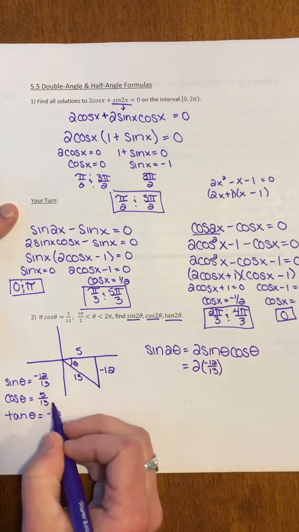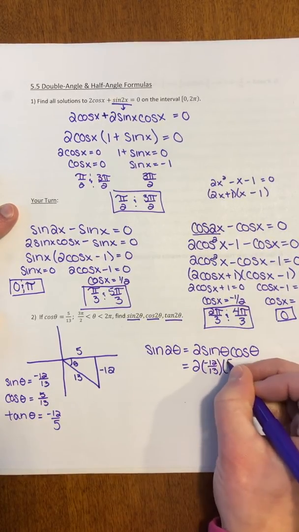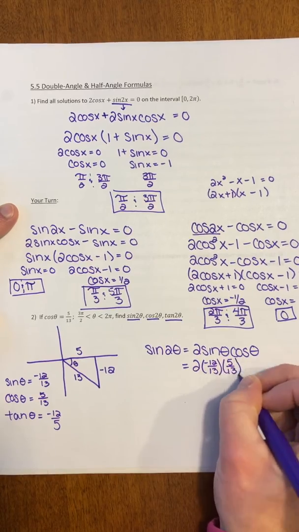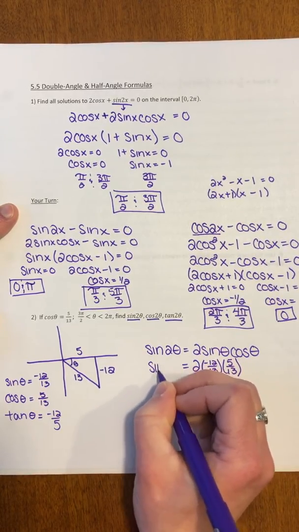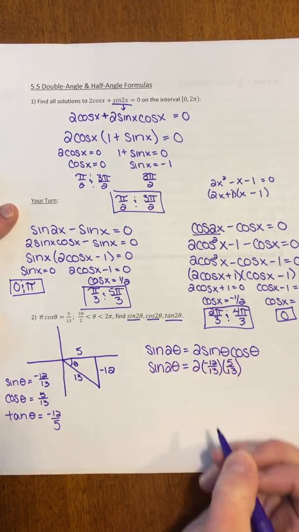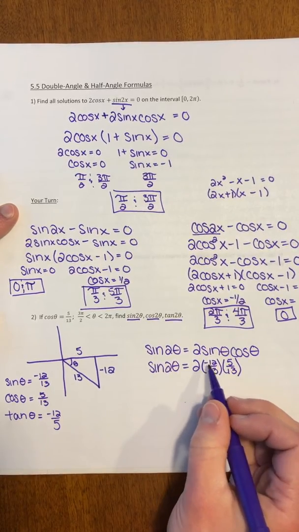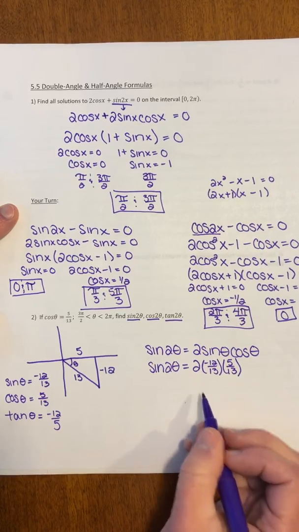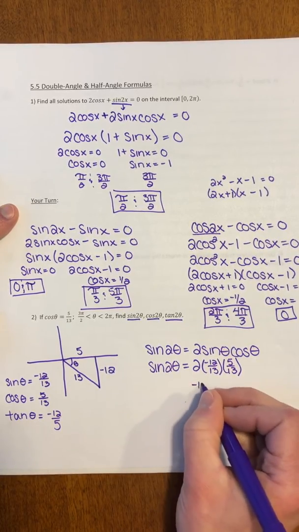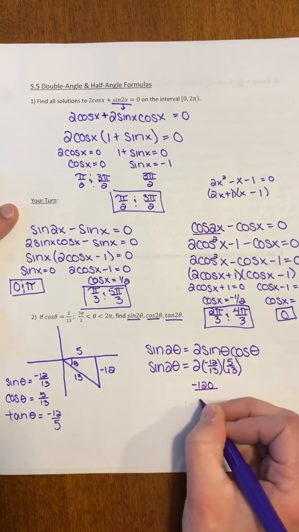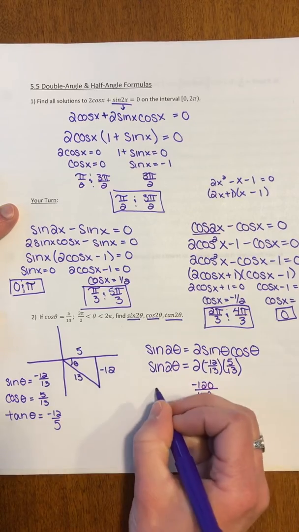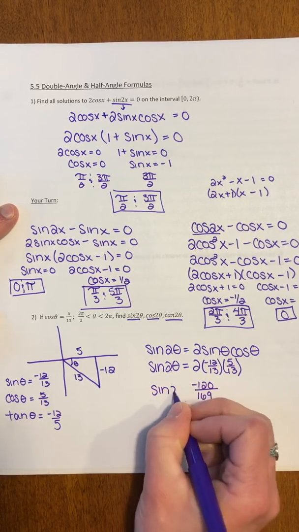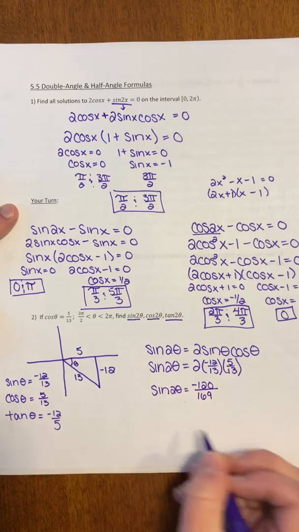Cosine of theta is 5 over 13, so times 5 over 13. So sine of 2 theta is going to equal 2 times negative 12 over 13 times 5 over 13. So we've got negative 120 over 169. That's what sine of 2 theta is equal to.